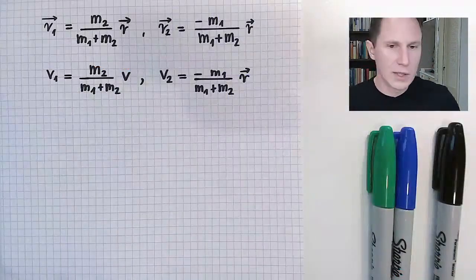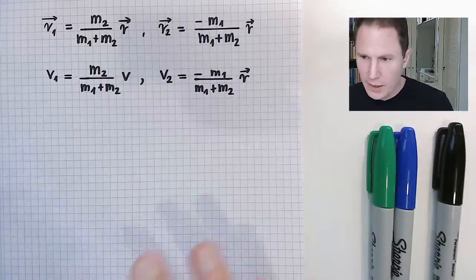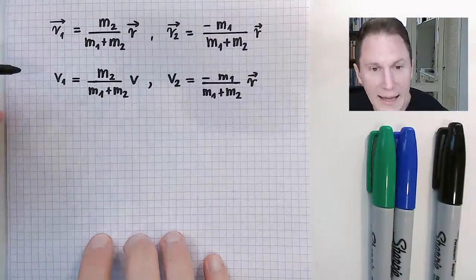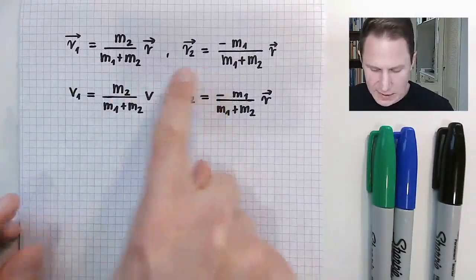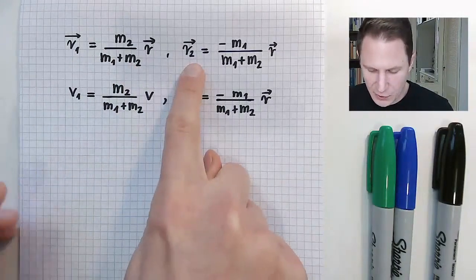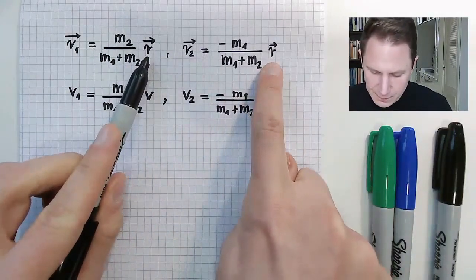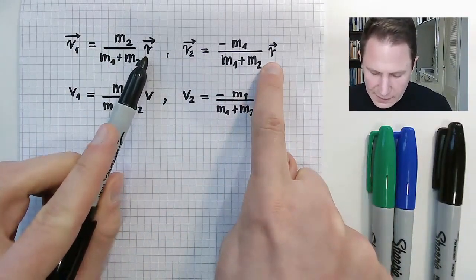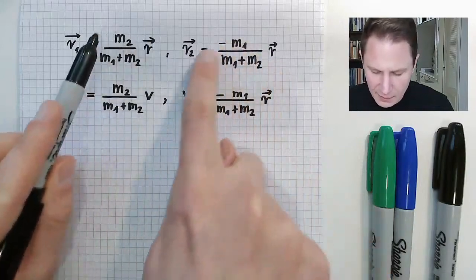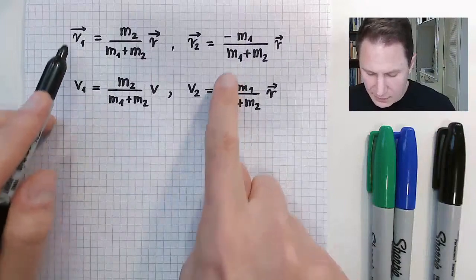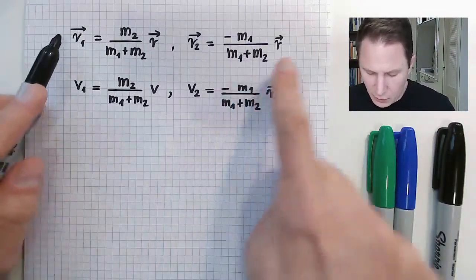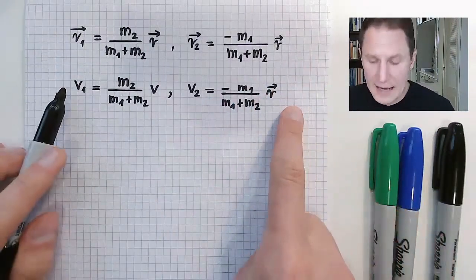So I'll switch to my notepad, and what I'm showing you here is the previous formulas expressing R1 and R2 using the vector little r and some combination of the masses, and that means that the speeds should also have the same relation.